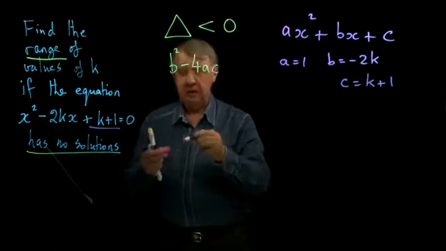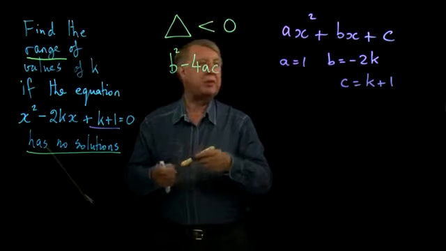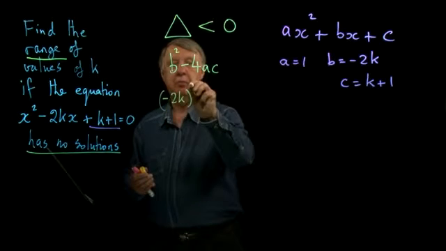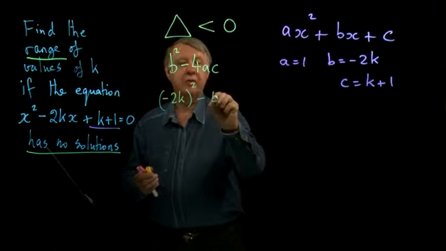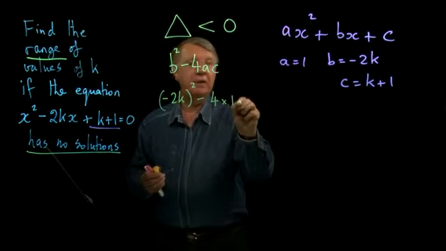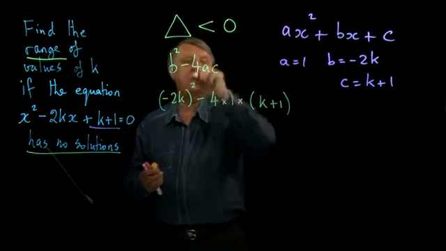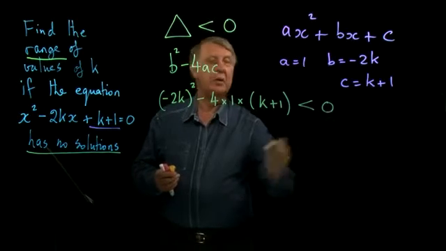Right, so the discriminant then. b squared, negative 2k squared, minus 4 times a times c. And that has to be negative.